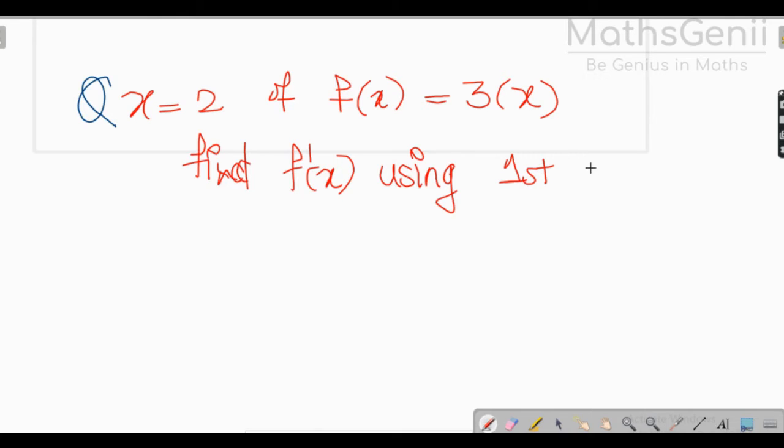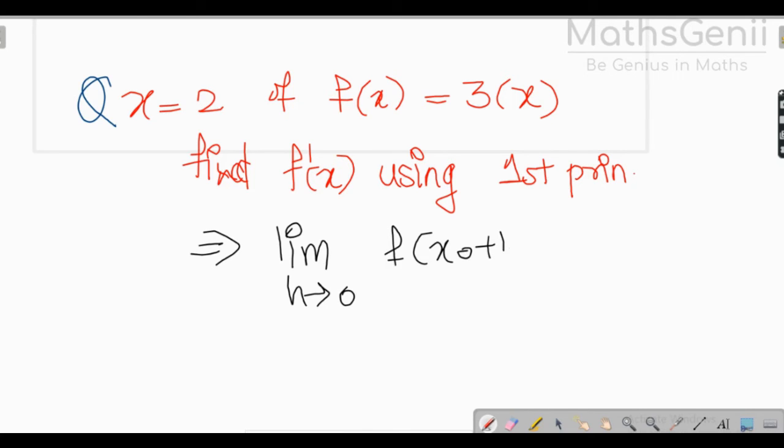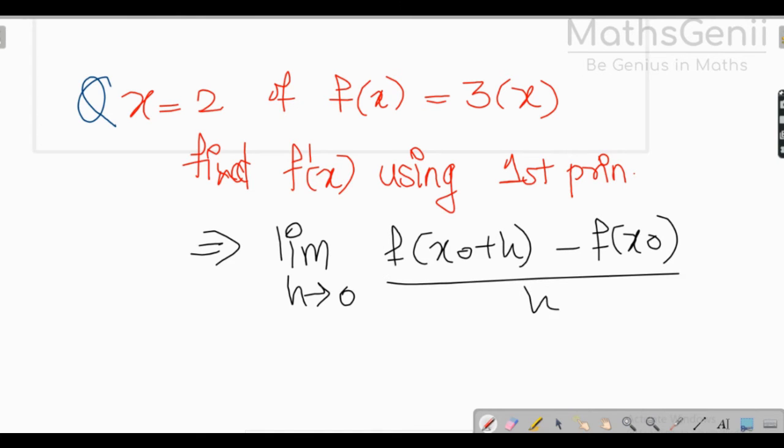First principle is nothing but the same formula that we just saw. Let me write down the formula again. It was limit h tends to 0, f of x naught plus h minus f of x naught upon h.